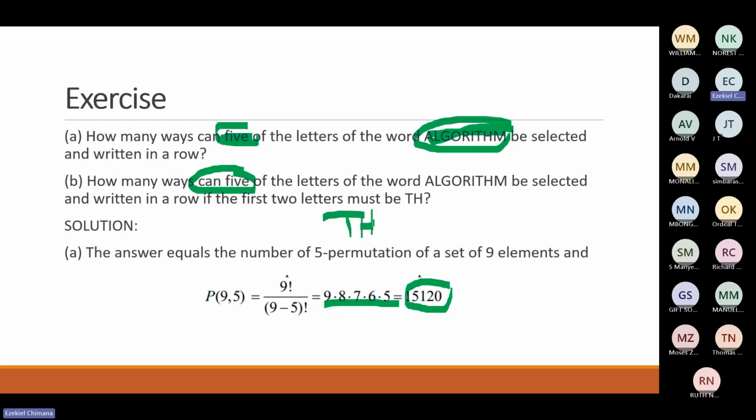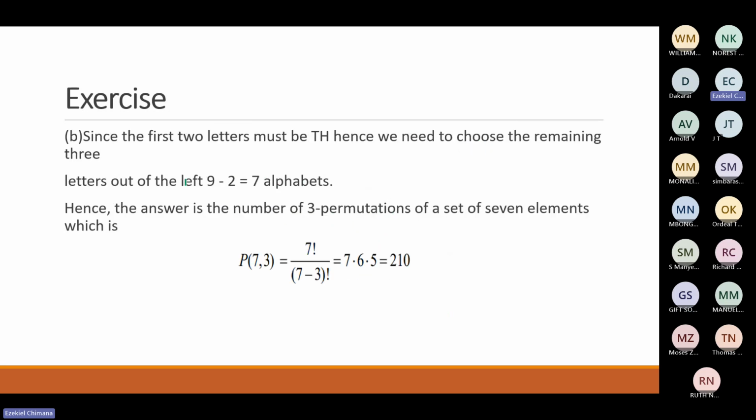How can you handle this one? Since the first 2 letters must be TH, we need to choose the remaining 3 letters out of the left 9 minus 2, which is 7 letters.